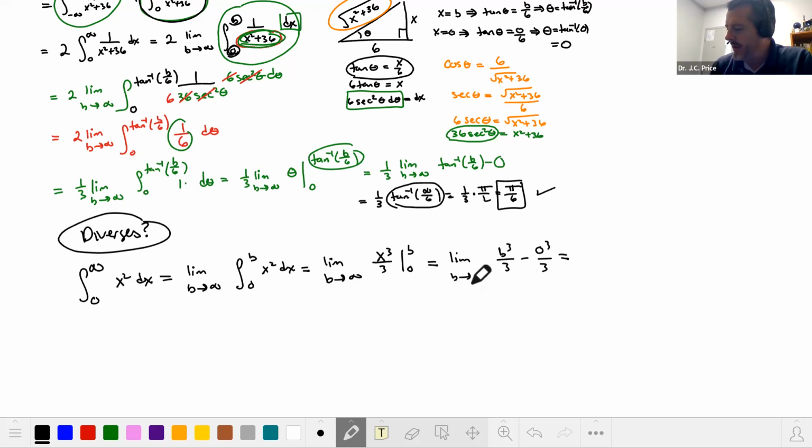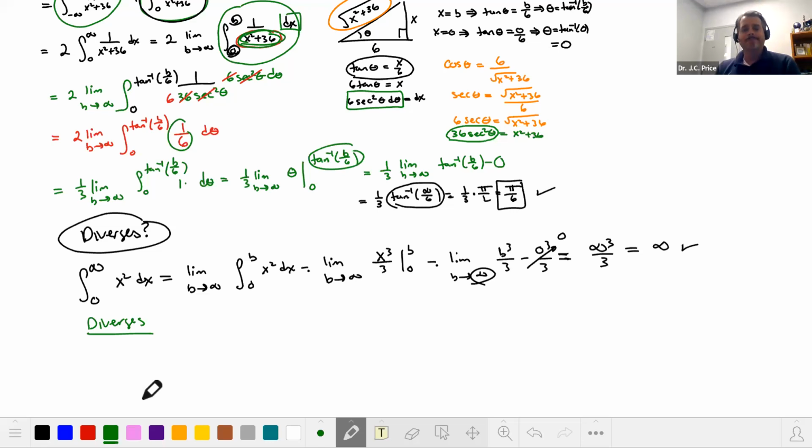And then as you go to infinity, you can treat infinity like a number and plug it in and interpret, as long as you don't cancel. So you get infinity cubed over 3, and that's just infinity. So this integral right here diverges. Or you might say this integral is divergent. And that's it. That's all I have for us today.